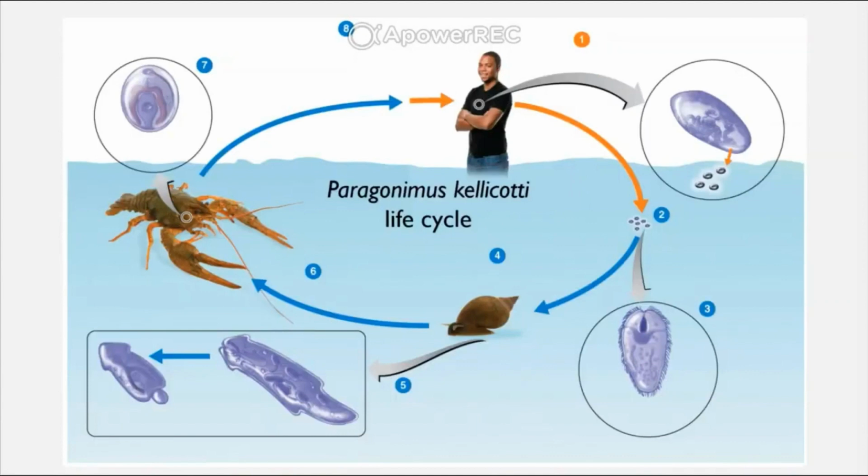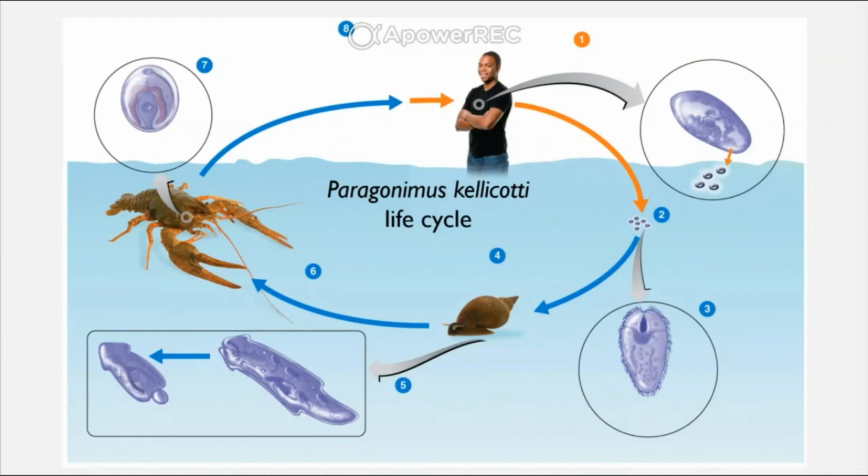Here's an example of one. I am not going to try and pronounce the name of this fluke, and it's not necessary to memorize this life cycle, but it just goes to show you that there are many steps involved.